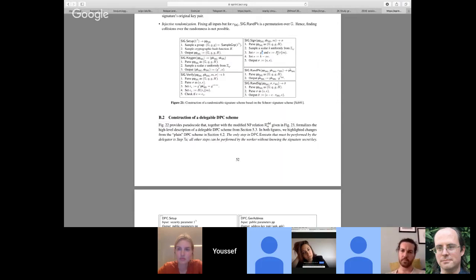So you hash the message concatenated with the R you computed here, and the signature will be this random integer minus x, which is your secret key, times this hash, and the output will be S and E.